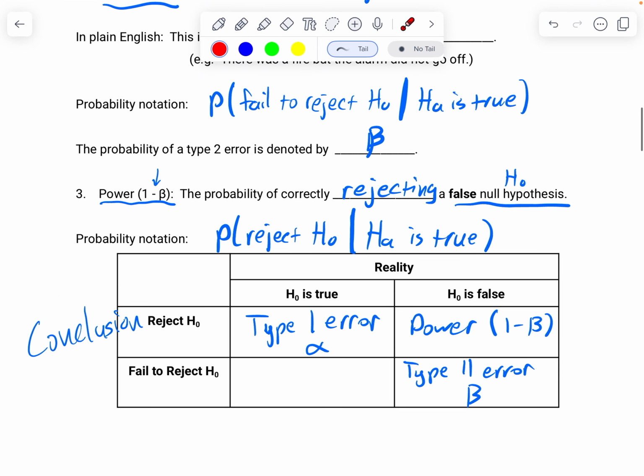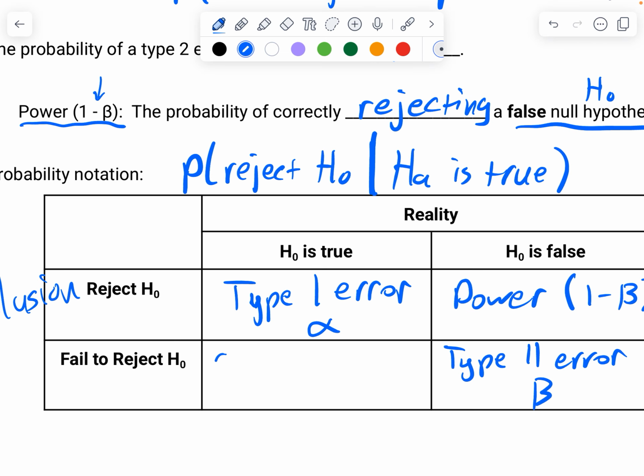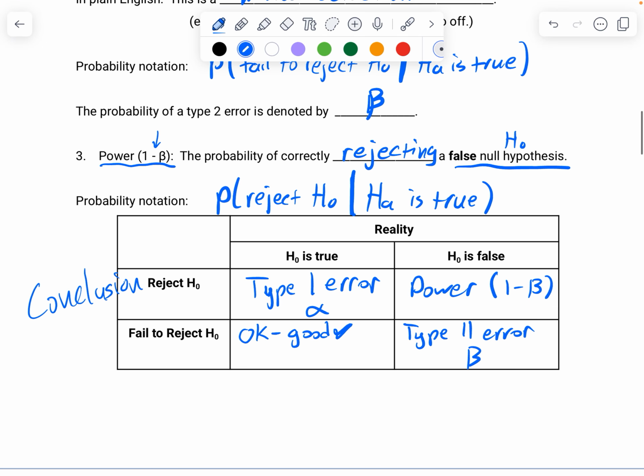This last box, we don't have a vocab word for it, but let's just talk about it briefly. You don't reject H0, and H0 is true. Well, I think this is good, right? In other words, H0 was true and we did not reject it. Cool.